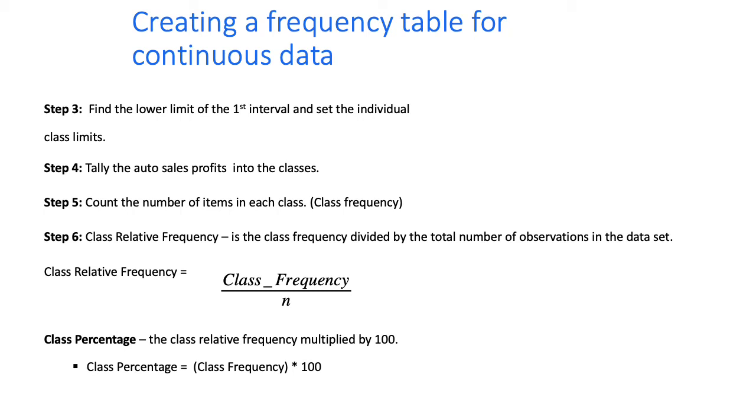Now you may ask, well, what if I had an observation that was 600? What class would I put it into? Well, if this is class 1 and that's class 2, think of class 1 ending at a point like 599.9999, right?